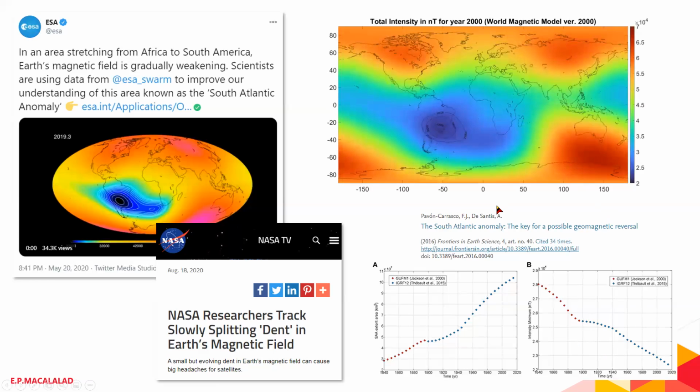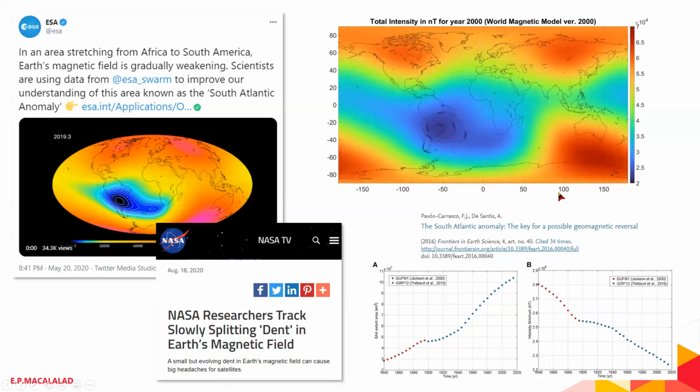But right now, the prevailing theory is that the magnetic field of the Earth comes from the Earth's core, because there is molten iron at the Earth's core, and that molten iron is the one that provides the magnetic field. Yes, question?